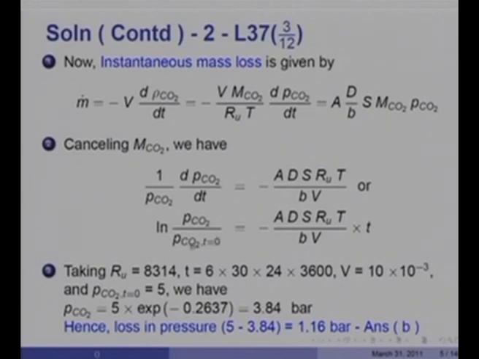So, therefore, p CO2 by p CO2 at t equal to 0 will be the exponential of all this quantity, equal to minus 0.26337, equal to 3.84 bar. So, that would be the pressure inside the vessel after 6 months, and therefore, there will be a total loss of pressure of 5, which was initial, minus 3.84, that is 1.16 bar, which is the answer.